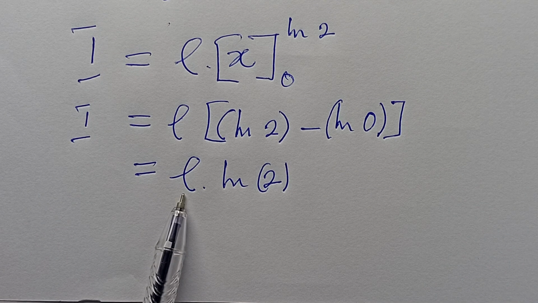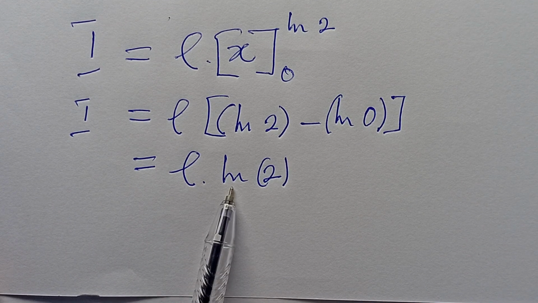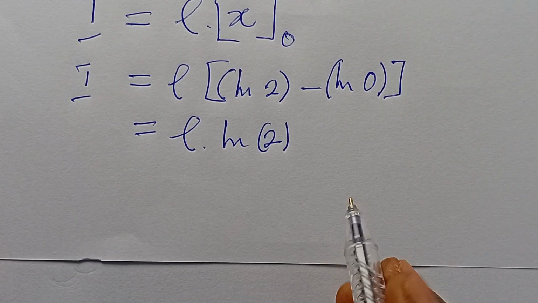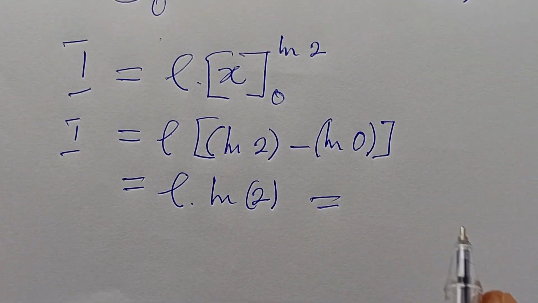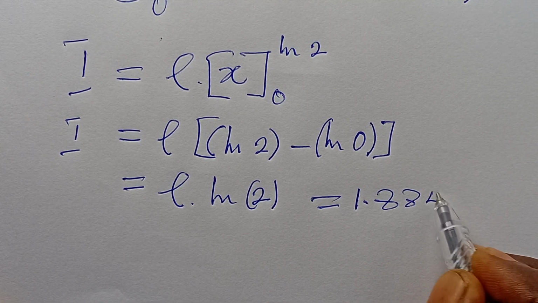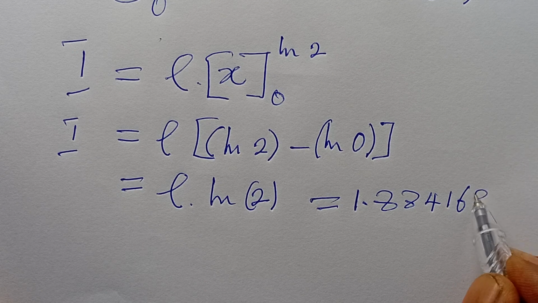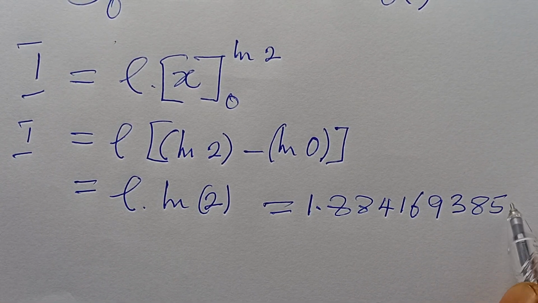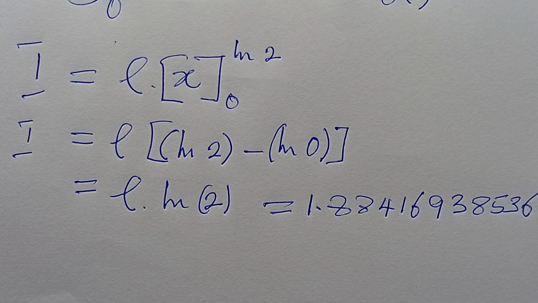But remember we said e is a constant and we can equally find the ln. So if we input this in our calculator, this is going to give us a numerical value, which is equal to 1.88416938536.